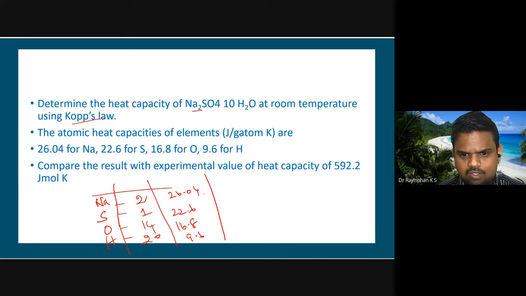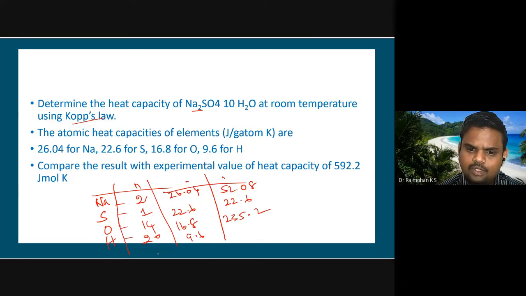If you multiply the number of atoms by the atomic heat capacities: 2 into 26.04 is 52.08, 1 into 22.6, 14 into 16.8, 20 into 9.6 is 192.